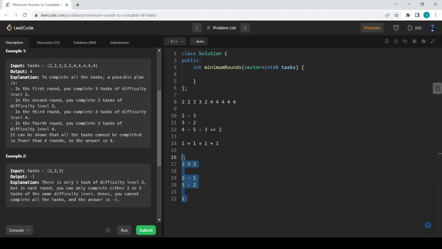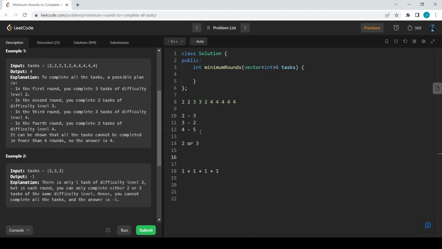Hope you understand the problem, and now let's see how we can approach it. We have taken the frequency of all the tasks, and that is one thing we can do. To minimize the rounds, we always want to complete the maximum number of tasks, that is 3, when available. We have either 2 or 3 tasks that can be completed, so to minimize the rounds we do it in a greedy manner.